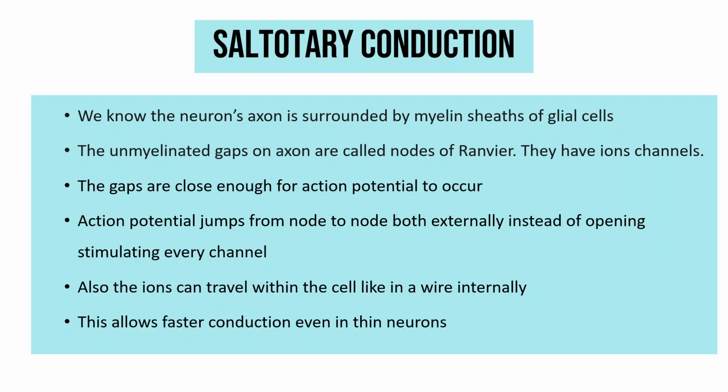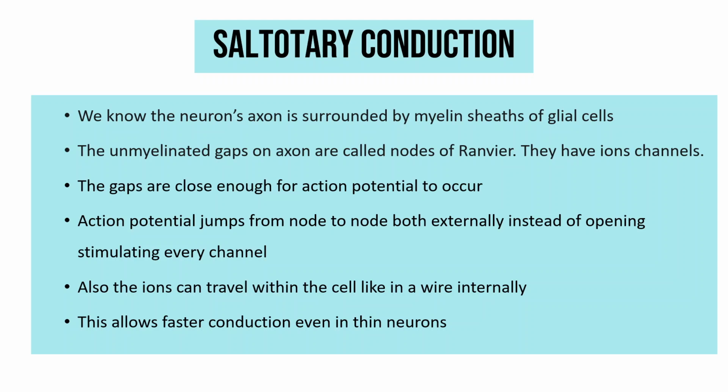Okay, cool. So these gaps are close enough so that stimulation on one side can transfer the charge to another side without going through each channel. So some channels are covered by the myelin sheath or insulation, some are open. So the charge jumps across these gaps, and this is known as saltatory conduction.